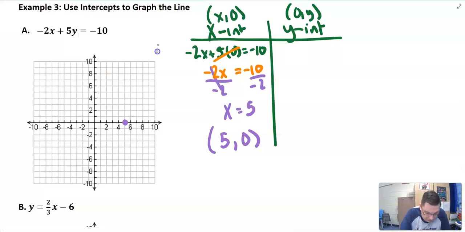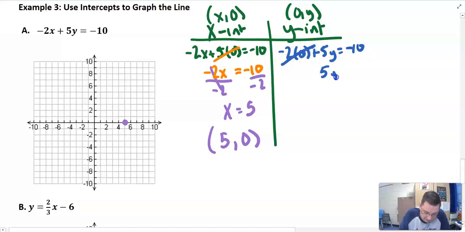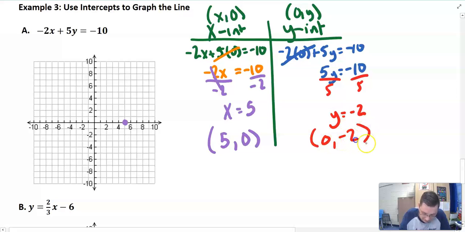Now let's do the work for the y-intercept. So negative 2 times 0 plus 5y is equal to negative 10. That cancels, so I'm left with 5y equaling negative 10. Dividing both sides by the 5, we get that y is equal to negative 2, meaning that my intercept is at 0, negative 2.